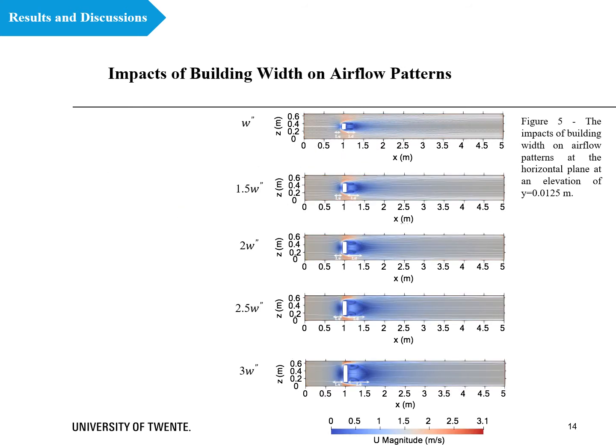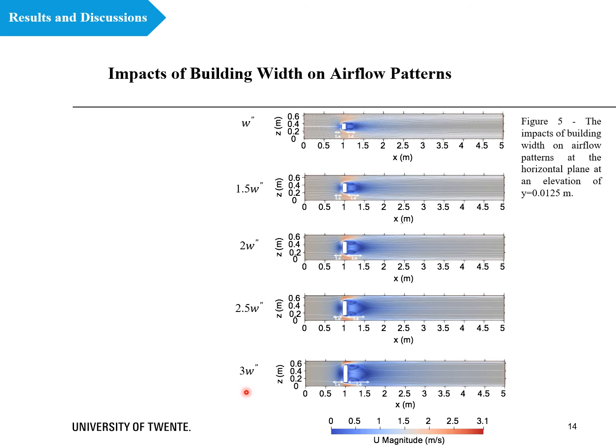Next slide shows the impacts of building widths on airflow patterns. The results of wind velocity magnitudes are given at a near surface plane when building width is increasing systematically from W double prime in the reference case to 3 times W double prime.